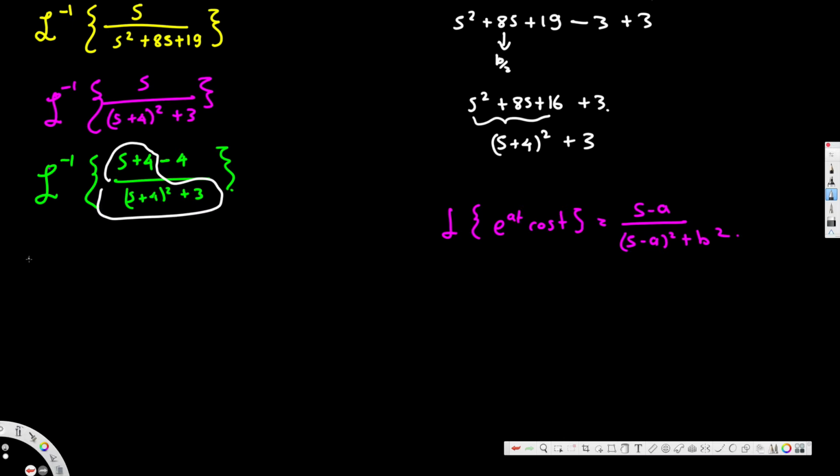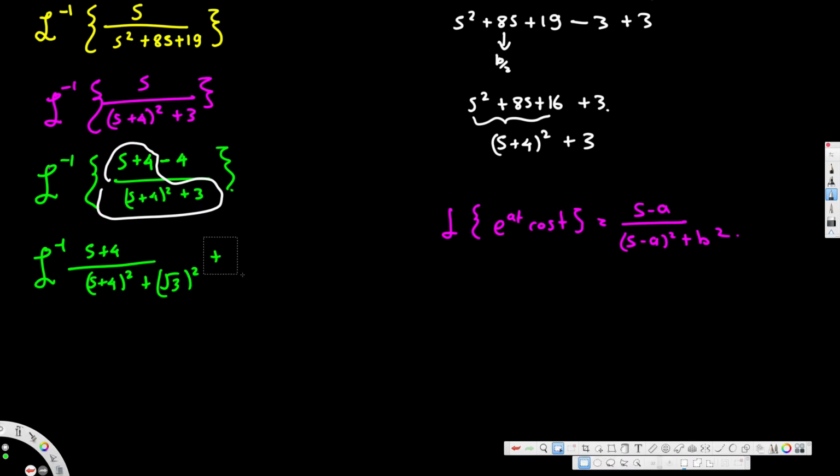So if we write the Laplace inverse, this is going to become Laplace inverse of s plus 4 over s plus 4 whole square, and instead of 3 I put square root of 3 square, minus, and I bring the negative 4 to the next term because negative 4 is not needed for e power at cos bt.